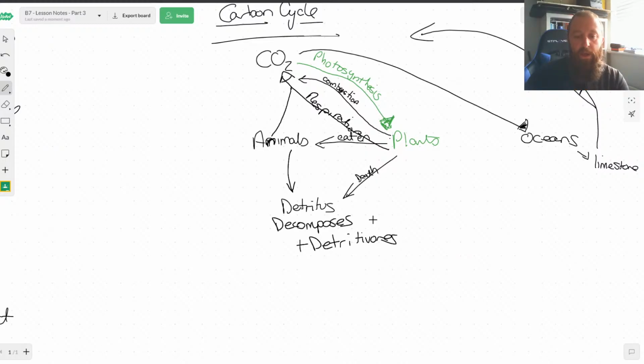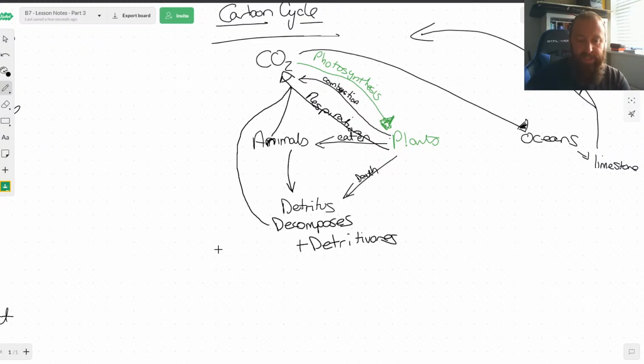In other words, worms, insects and species that eat detritus. These will also put carbon back into the atmosphere by respiration. So we've got all of this respiration happening as well, pumping carbon back into the atmosphere.